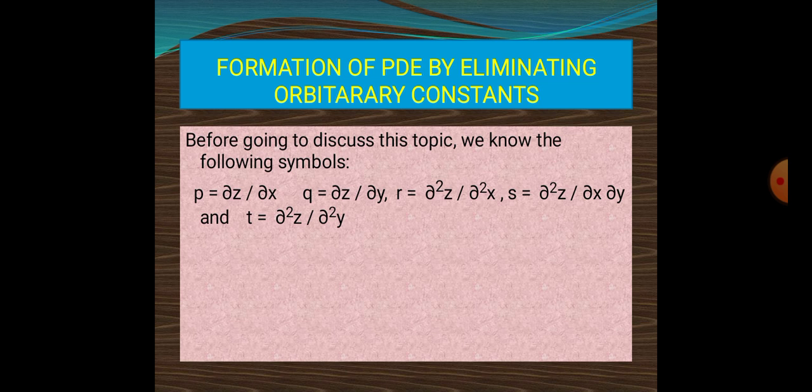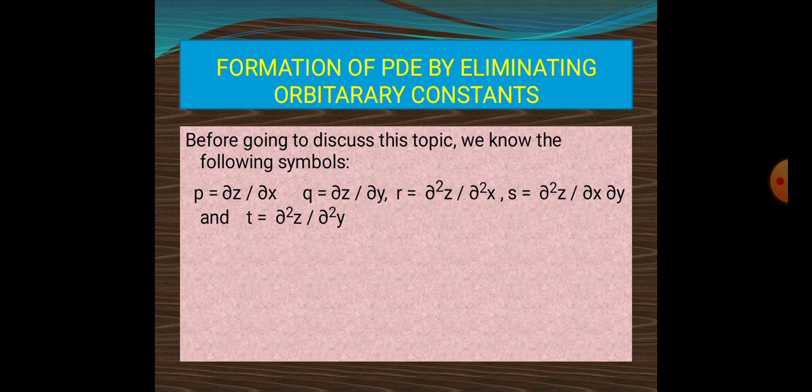And t is dou square z by dou y square, not dou square y, dou y square. That is the second partial derivative of z with respect to y. So first you should know about the notations p, q, r, s and t.